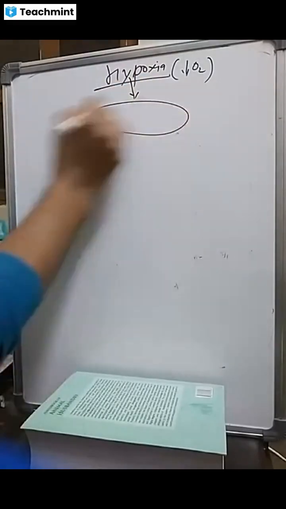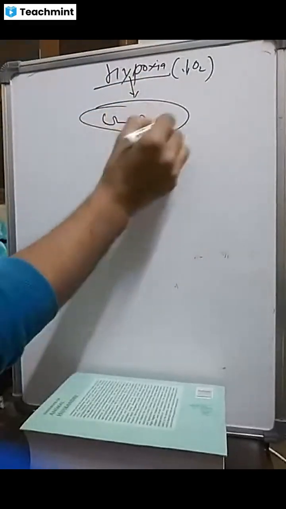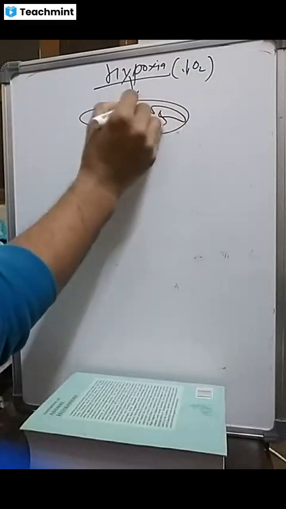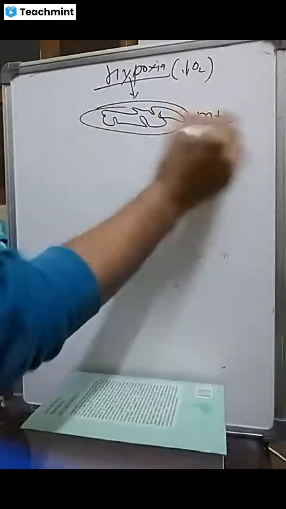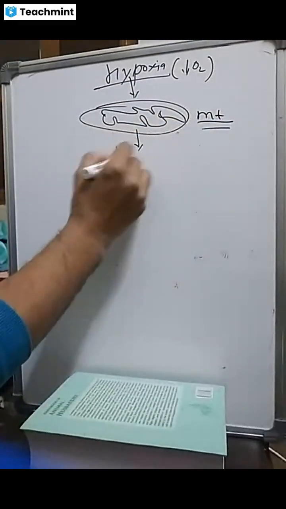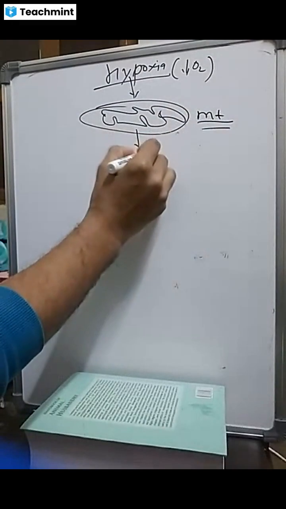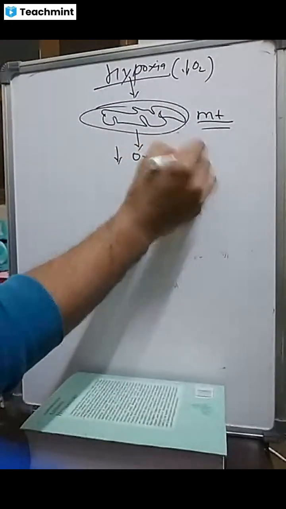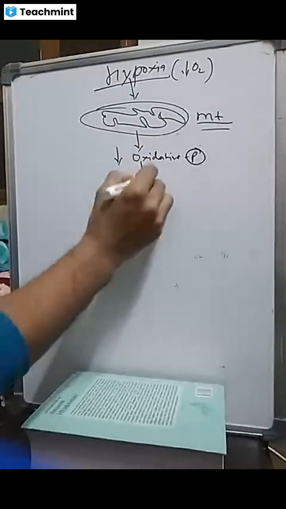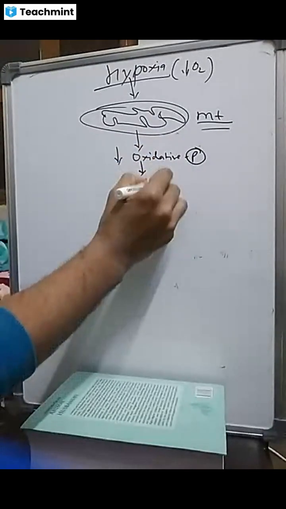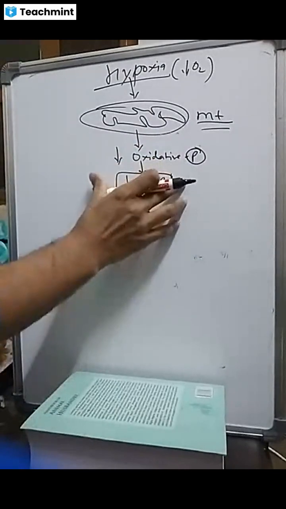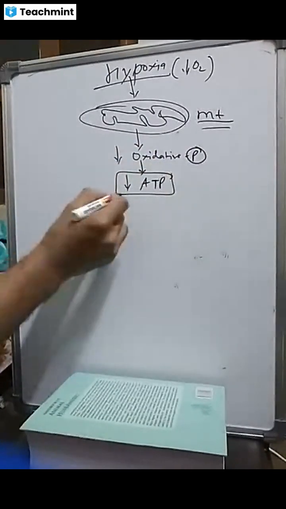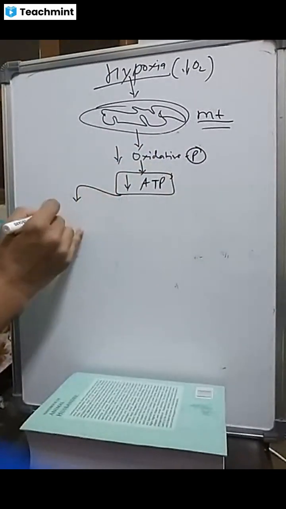This hypoxia will come to the mitochondria. Low oxygen will lead to low phosphorylation. That may lead to less ATP. Game changer here. Who is utilizing this?